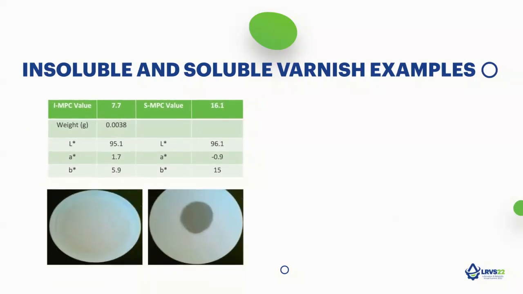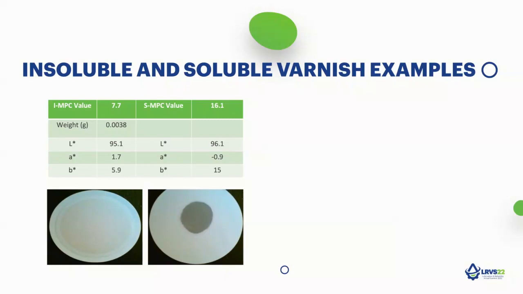In the first images on the left, we see that the IMPC value was 7.7. We had a high L value at 95.1, and an A value of 1.7, so that indicates to me that the EP additives were okay. The B value is 5.9. We're not going to be too concerned with any gummy deposits. The varnish patch looks pretty white, pretty good.